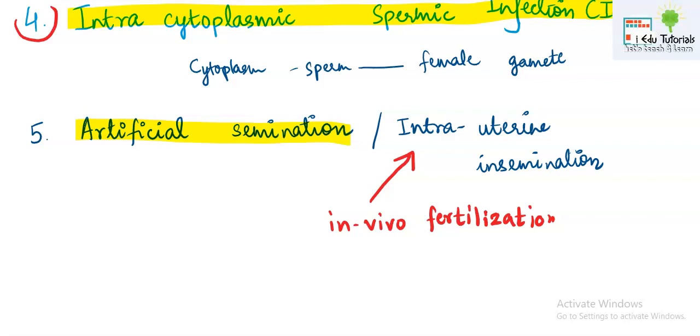Because the sperms are motile, they will travel from the uterus into the fallopian tube to the ampulla isthmic junction where fertilization has to happen. So this will result in in vivo fertilization. Once the zygote is formed, it will undergo divisions to form the morula, then the blastula will be formed. Then this blastula will undergo implantation, then gastrulation will happen, and ultimately it will end up in organogenesis.